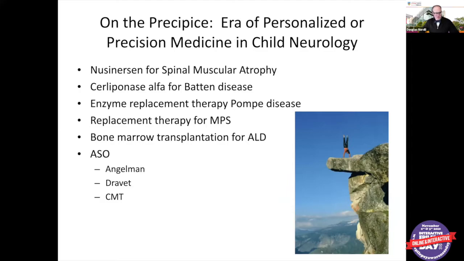And what's the evidence for that? It's not just in epilepsy, but you may have heard about these remarkable advances for muscle diseases, including spinal muscular atrophy, new enzyme replacement therapies for neurodegenerative diseases like Batten's disease and Pompe's disease, and therapies for mucopolysaccharidoses, bone marrow transplantation, techniques for other neurodegenerative disorders like adrenoleukodystrophy.